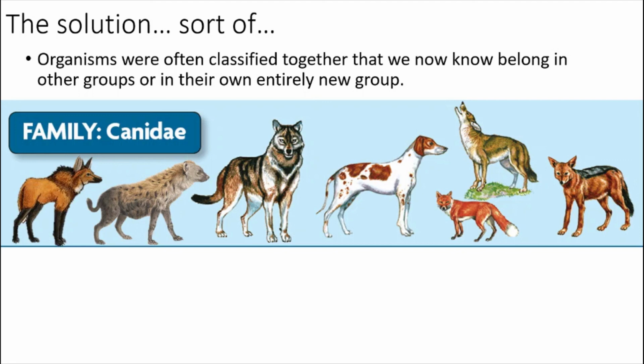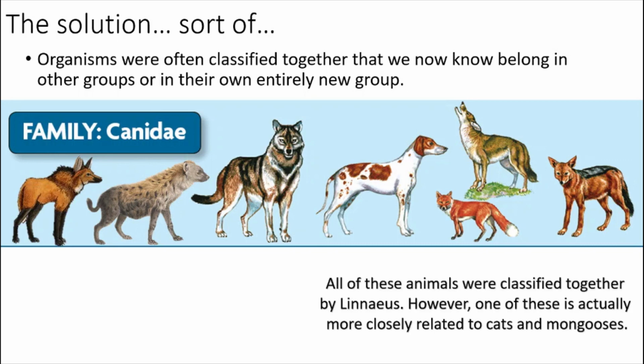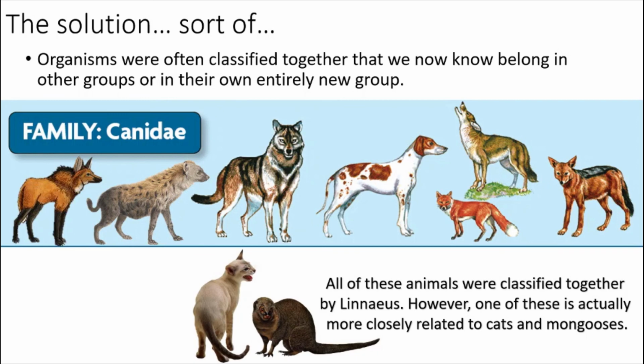So if we look at this example, family Canidae, all of these organisms under Linnaeus's rules were categorized together. However, one of these animals is actually more closely related to cats and the mongoose than they are to canines. That animal?